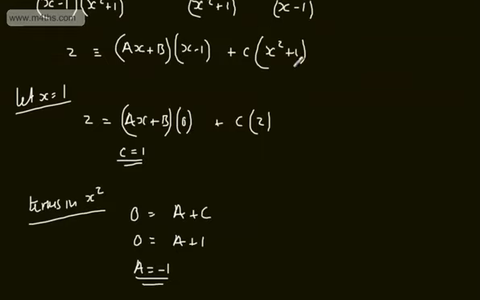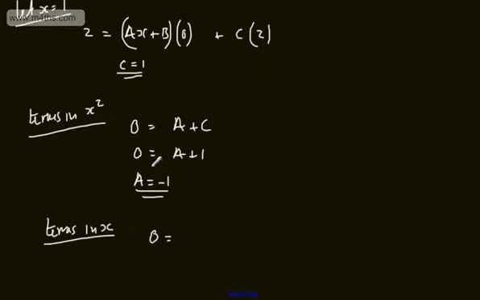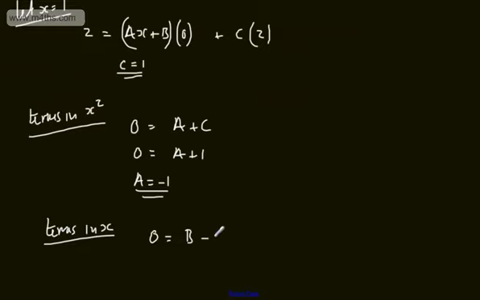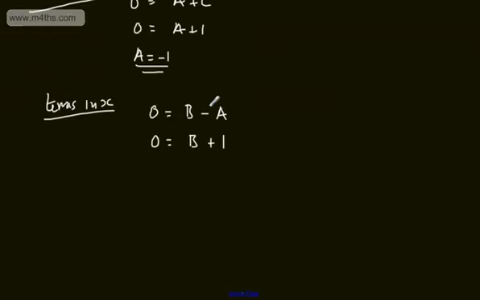On the right hand side, c is not going to give us an x term, so what we've got is bx − ax, so b − a. If I now sub in that a is −1, I've got 0 is equal to b − (−1), so b is going to be −1. All I've done is sub in my a. Hopefully that made sense.